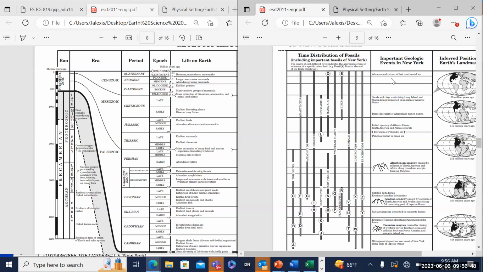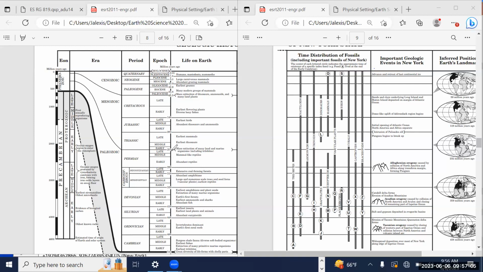Okay, so when I'm looking through pages 8 and 9, there's only one factor that I noticed that talks about continental ice, right? Last continental ice, glaciers that are moving.